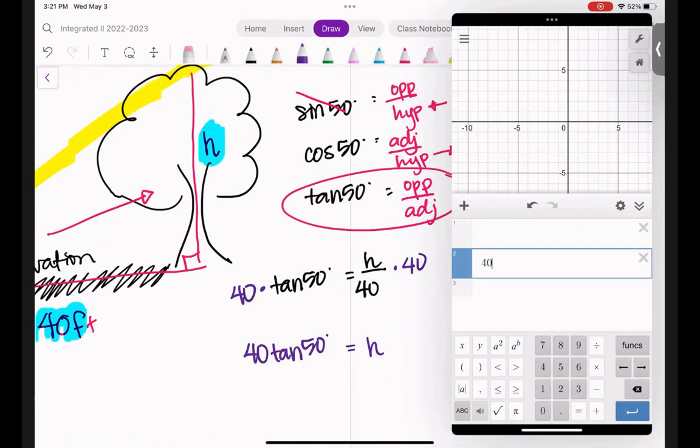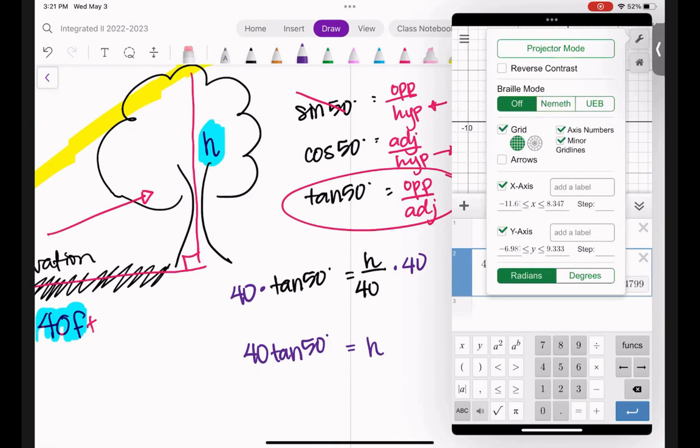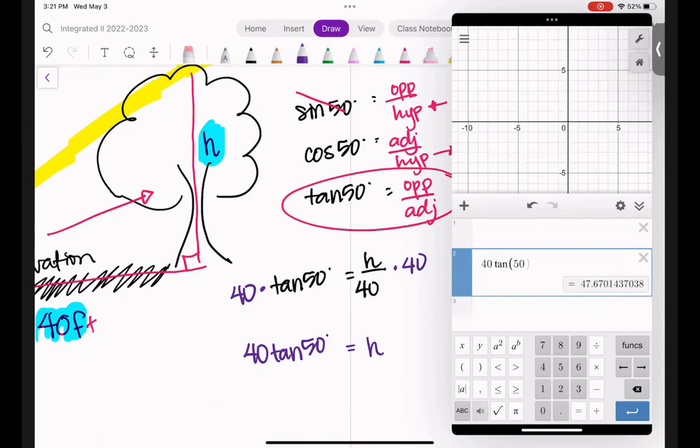So 40 tangent of 50. Miss Johnson, don't forget to check if it's in degree mode. So that's about 47.67.